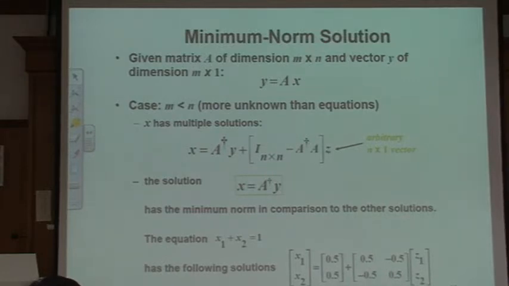For the case m greater than n, we only have this term, and we don't have this term here. Because we have multiple solutions, this second term creates the multiple solutions: you can use a different z, multiply by this matrix, then add the pseudo inverse result here, and you get a different result.